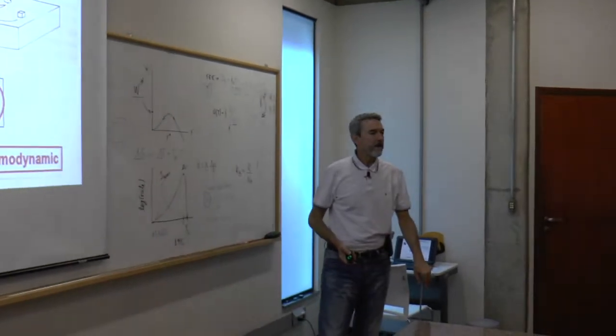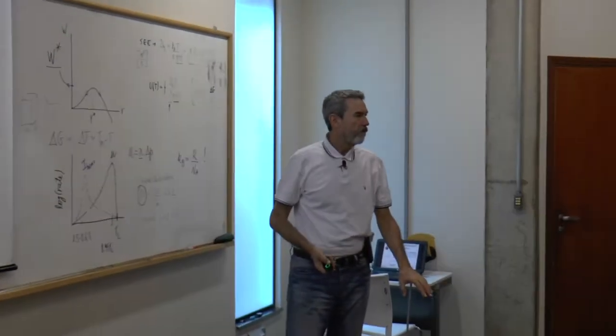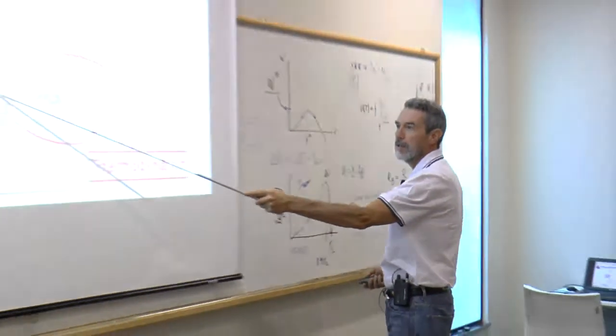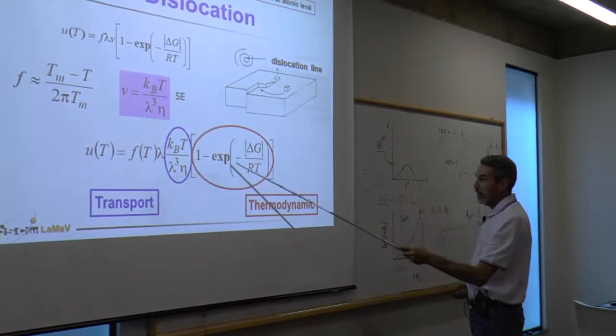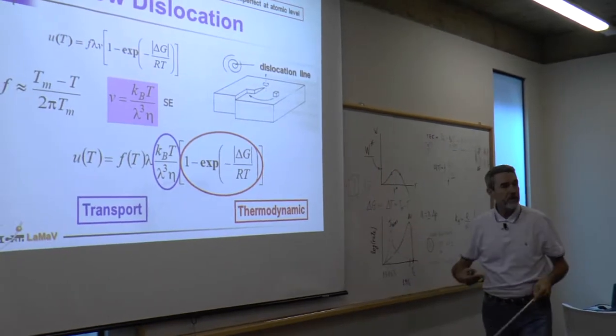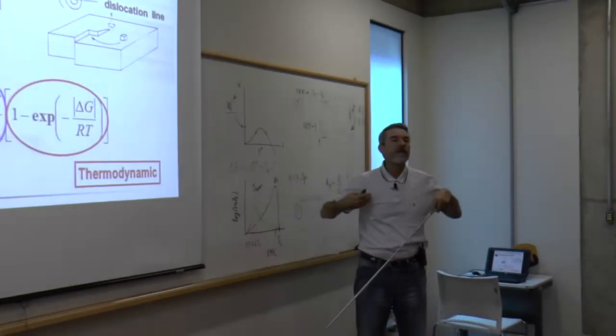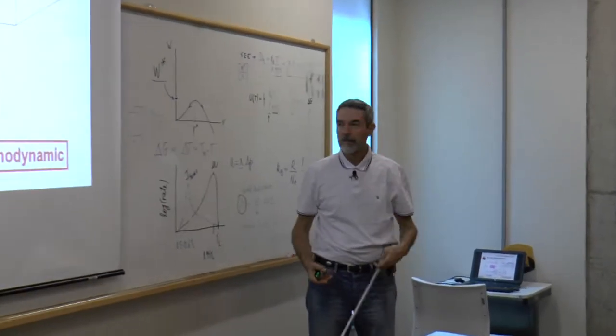The only barrier that we have for growth is the diffusion barrier. There is a diffusion barrier. This is no barrier. This is just the delta G, it's not W. This is just the thermodynamic driving force.